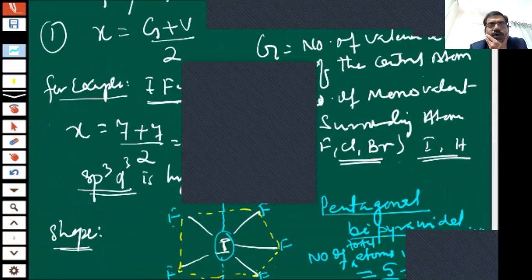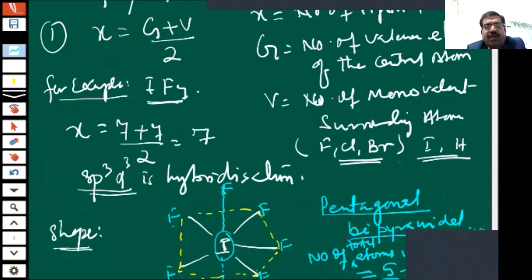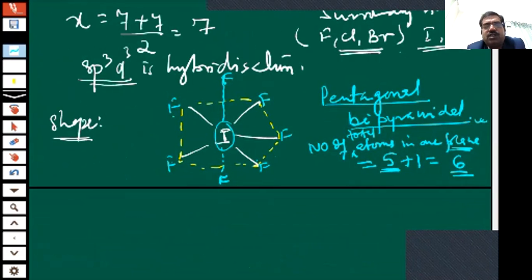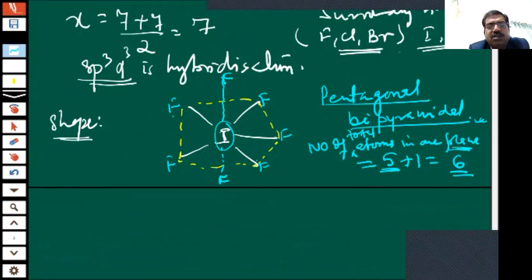Regarding unstable molecules, when I am dealing with the shape, structure and hybridization, you will see a lot of electronic repulsions.